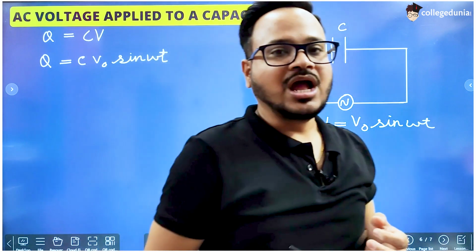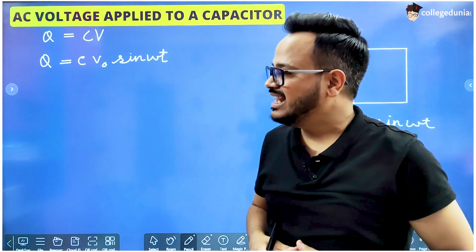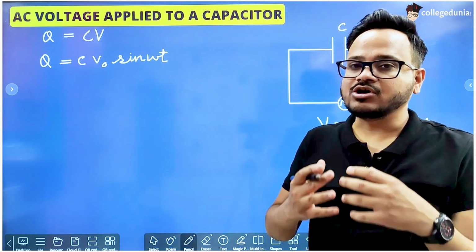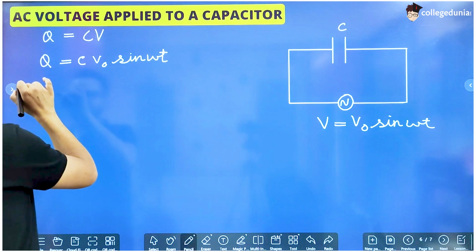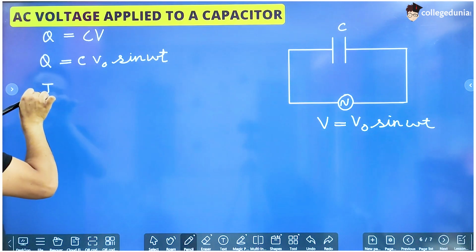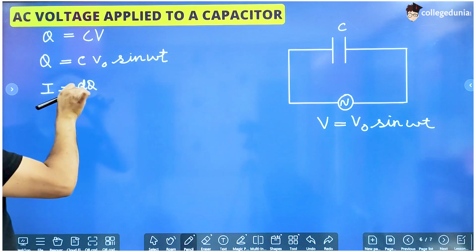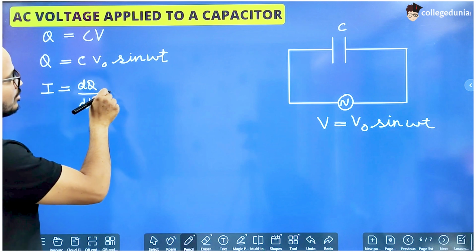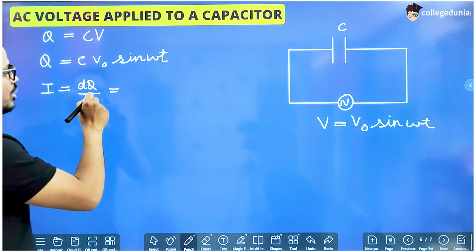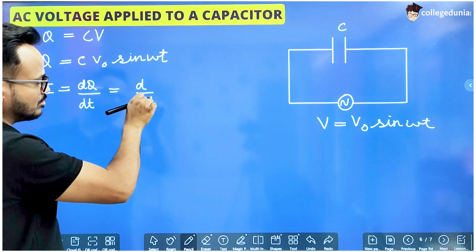So what will we do? How can we find I when we have Q? Obviously by differentiating Q, because I is dQ by dt. Now if we differentiate this, we will get I, which is equal to dQ by dt. What is the derivative of this one?